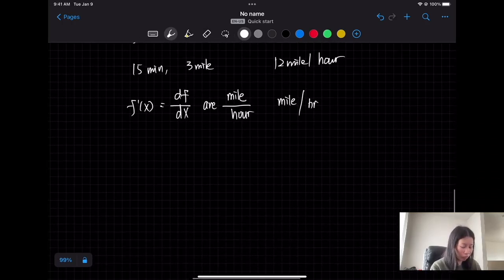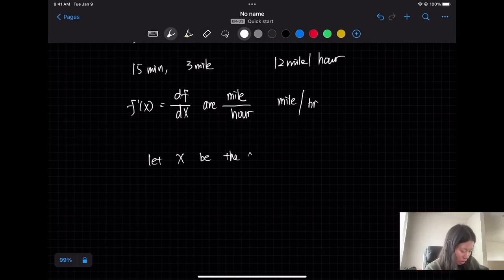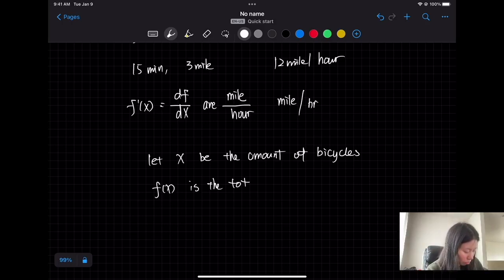For example, if I'm trying to make bicycles, let x be the number of bicycles that the manufacturer has already made, and then f(x) is the total cost of making x bicycles.